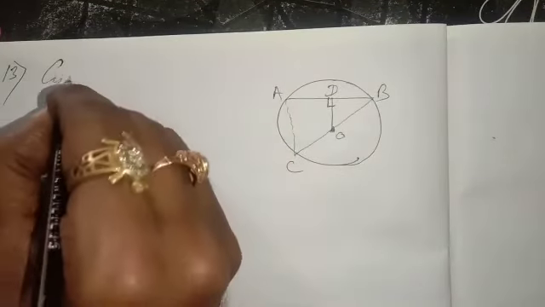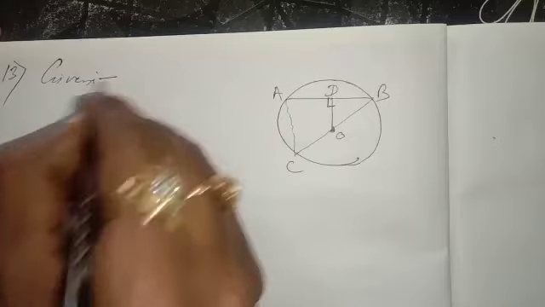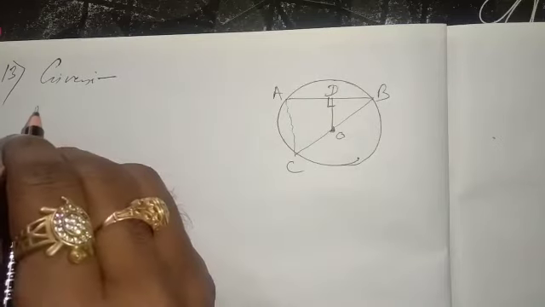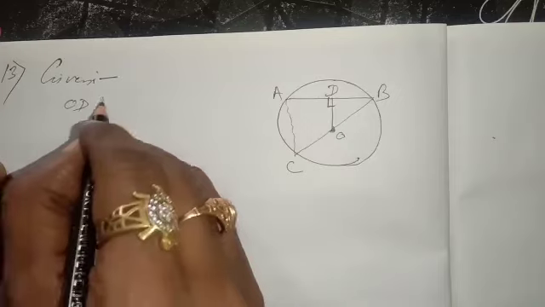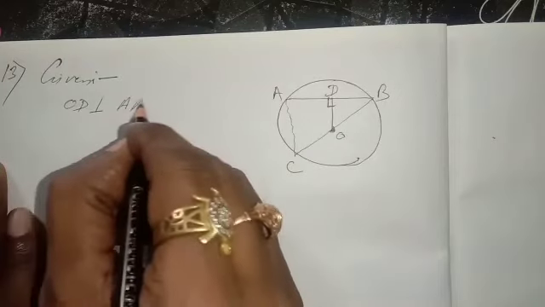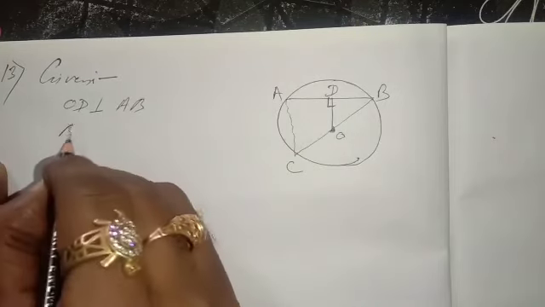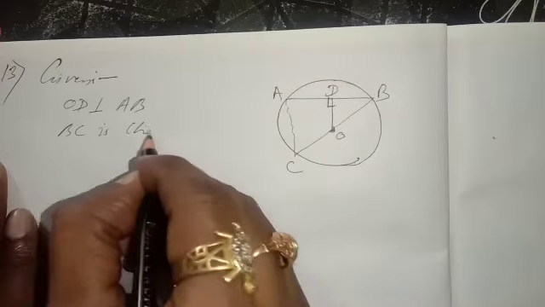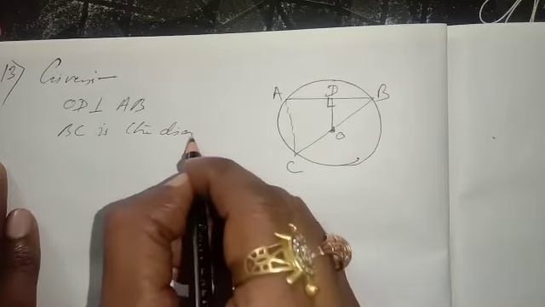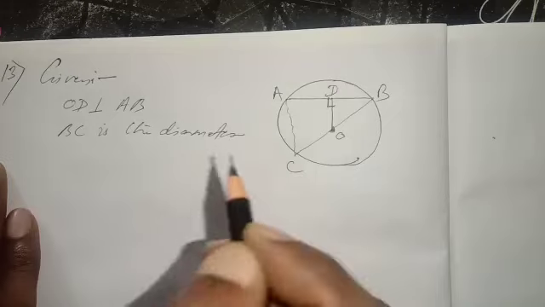So what is given here? OD perpendicular to AB, and BC is the diameter. These are the things given.